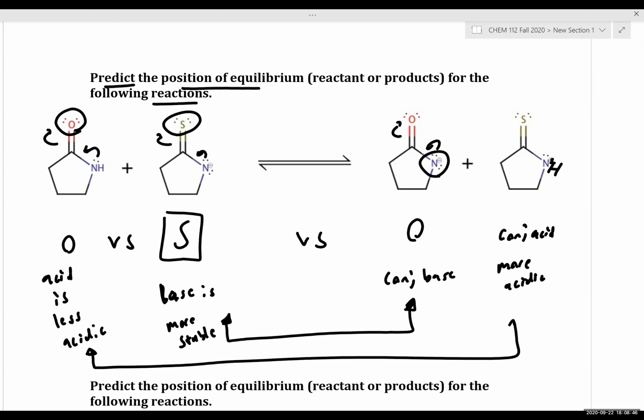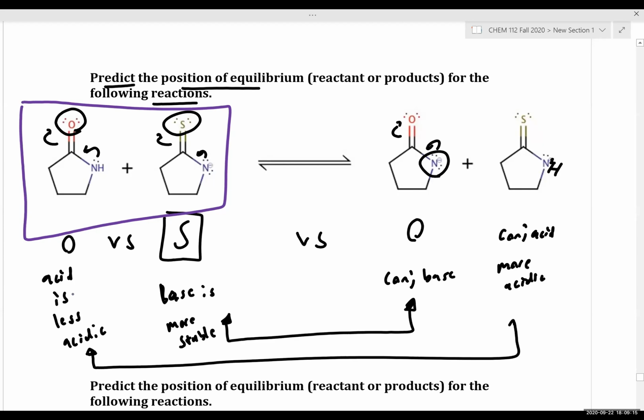Considering our reactants are generally more stable and not very acidic, would we expect this reaction to be reactant or product favored? What does everyone think? Let's try to get a few more responses just to make sure everyone's comfortable with this. This would be reactant favored, right?